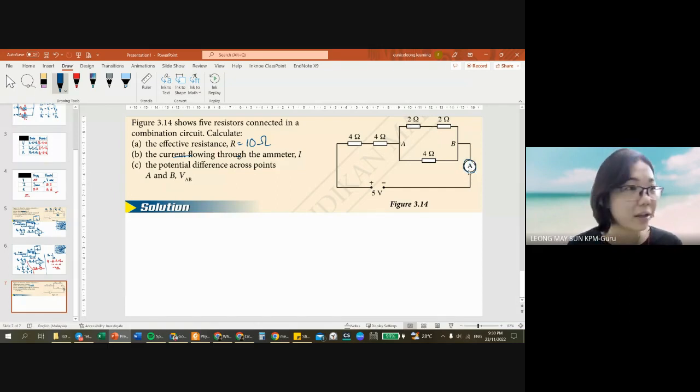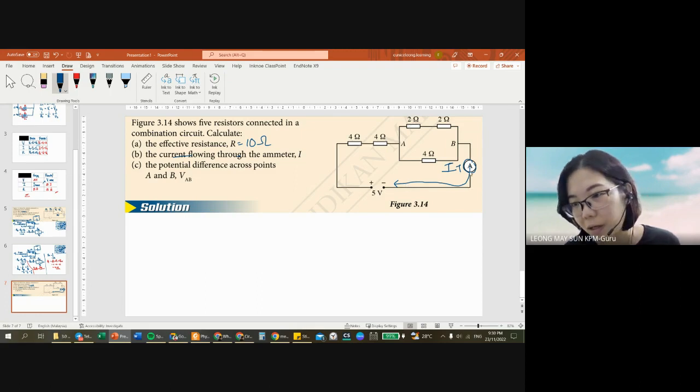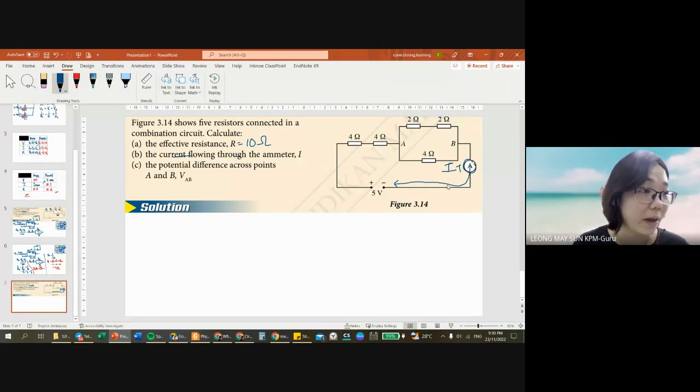If I try to move this ammeter towards the battery, nothing is blocking it. I don't have to go through any other path. So this ammeter is measuring the total current.